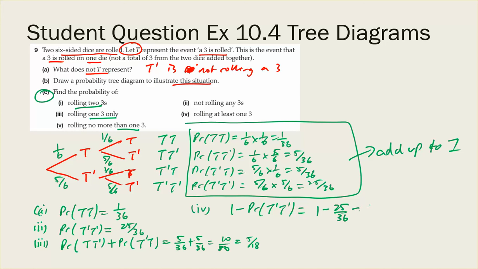Since 1 is the same as 36 over 36, 36 over 36 minus 25 over 36 equals 11 out of 36.